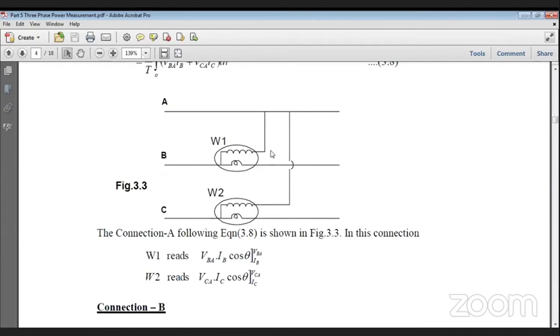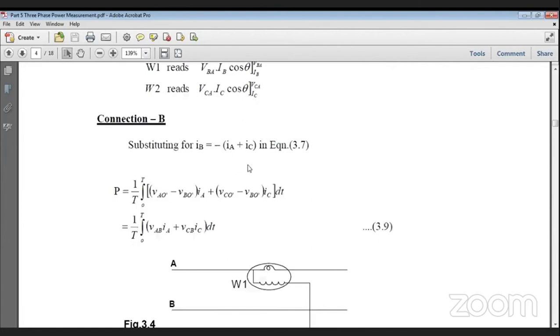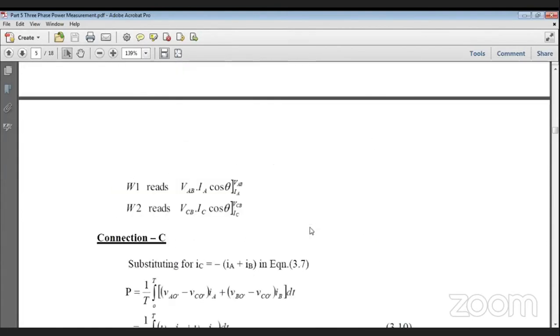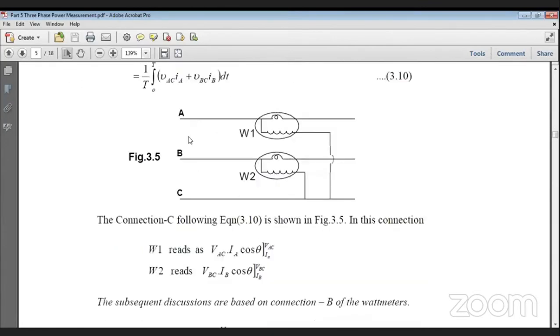Because you see, the potential coils are all connected to line A. Similarly, connection B, where the potential coils are connected to line B, and connection C, where the potential coils are connected to line C. Any one of these three connections will work. So in your practical life, if later you measure power, what you require is 2 wattmeters, and then connect the 2 current coils in series with any 2 lines, which line doesn't matter.